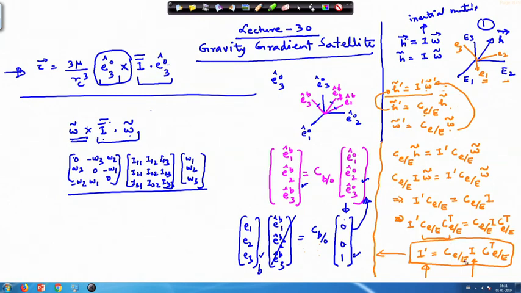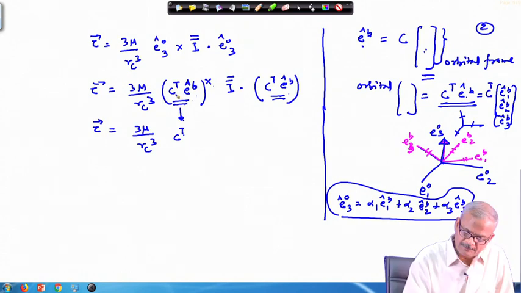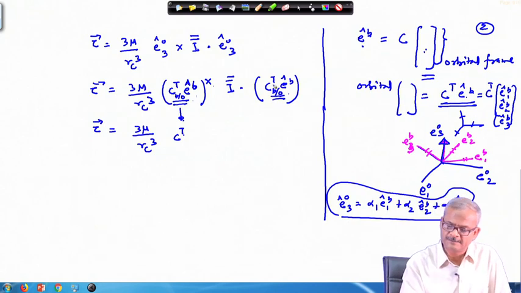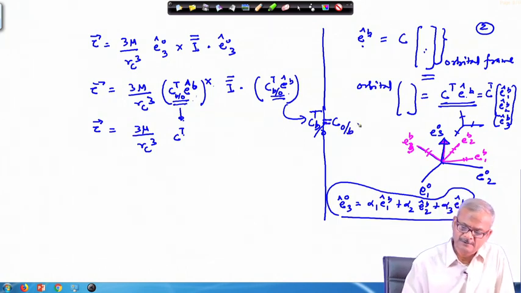C, we are using it like this, E to E frame. So, we are going from the orbital frame to the body frame. So, we should write here B slash O, which means from orbital to B, and then we are taking the transpose of that. This transpose simply implies that C transpose B slash O equals C O slash B. This is what we have learnt in our rotation.